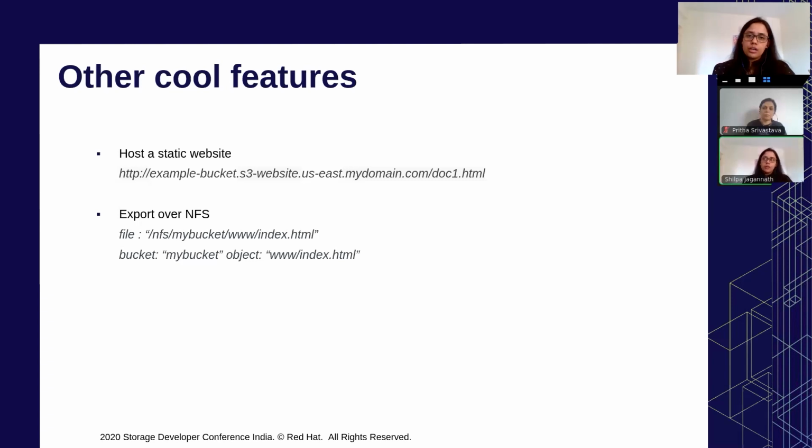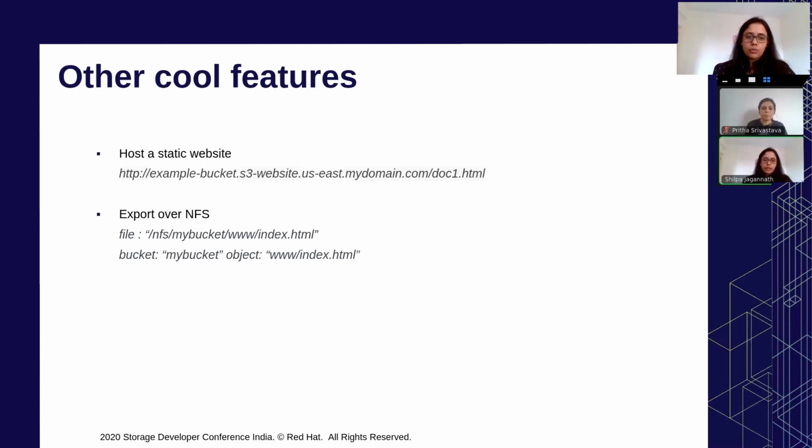The only additional configuration would be to have HA proxy configured in front of the Rados gateways, enable bucket website hosting, and add an index document with the content that you want to see on your website. Once we configure HA proxy with website endpoints to expose the bucket, which is meant for static serving, it is done. Like the example that I've shown, you could just go to the website, which is a static one, actually hosted by the bucket.